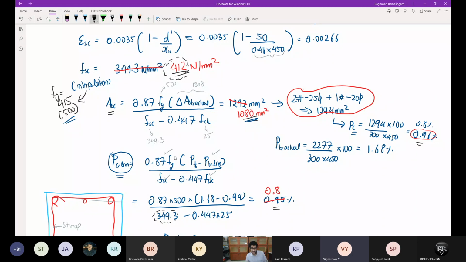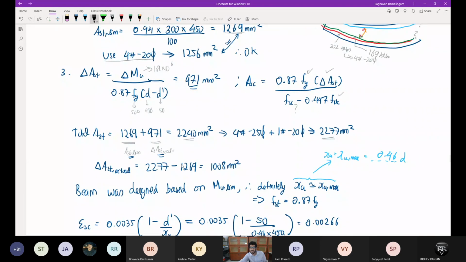PT limit is 0.8, no. You're telling PT limit or PC limit? This is PT limit. I don't think it did change.